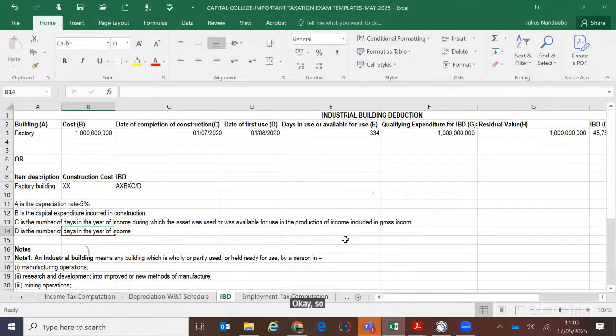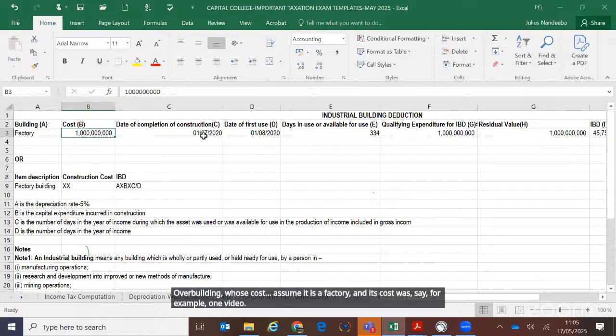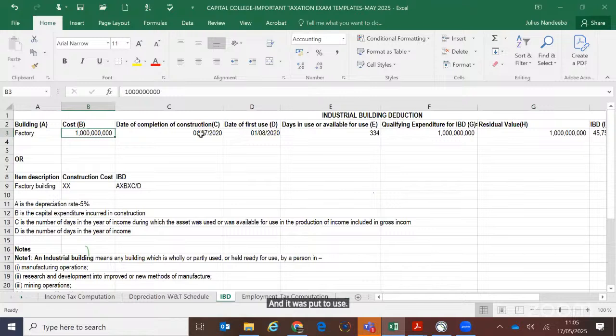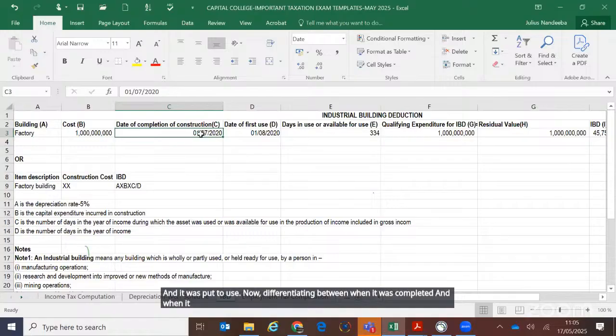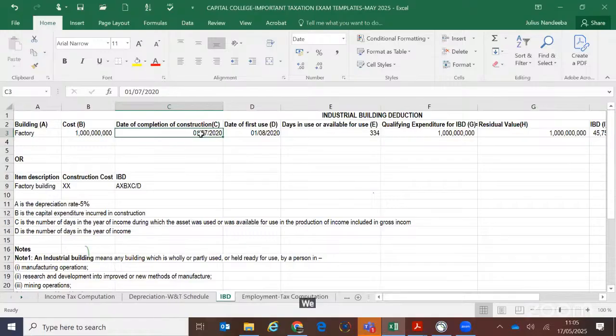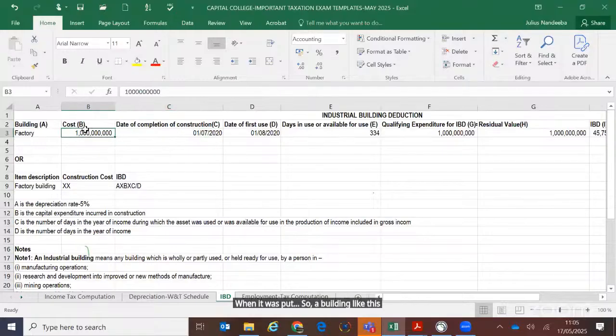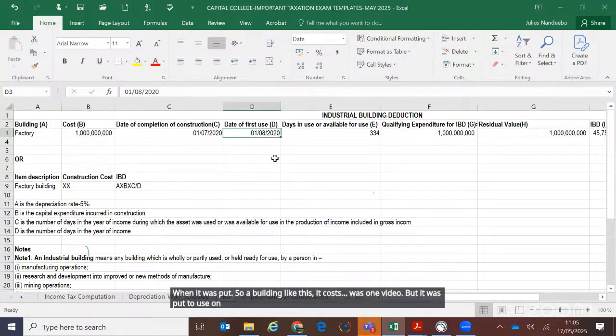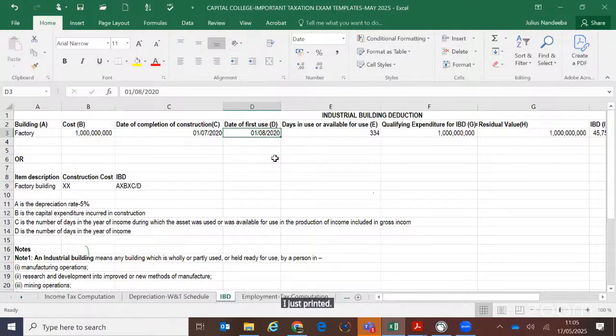So for example, if I gave you an example of a building, assume it is a factory, and its cost was, say, 1 billion, and it was put to use. Now, differentiate between when it was completed and when it was put to use. We look for the date when it was put to use. So, its cost was 1 billion, but it was put to use on 1st of August 2020.